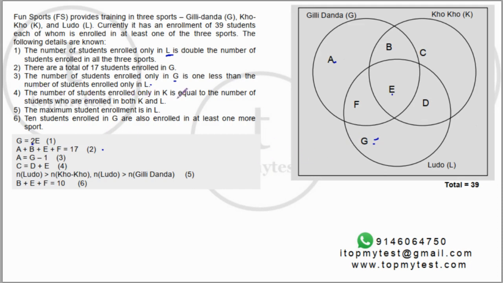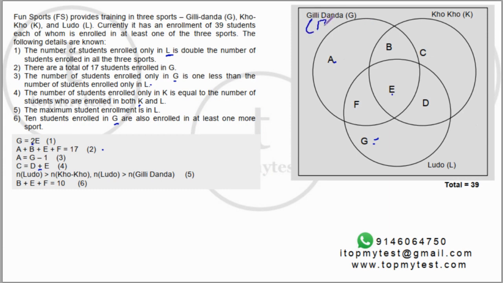The number of students enrolled only in K, which is C, is equal to the number of students who are enrolled in both K and L. Both K and L will be E plus D. And maximum enrollment is in L. So the number in Ludo is more than the number in Kho, and the number in Ludo is more than the number in Gilli Danda. And 10 students enrolled in G are also enrolled in at least one more sport.